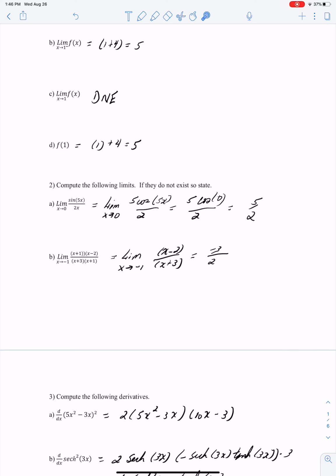I also noticed that since I gave it to you in factor form, the x plus 1's cancel. So this just becomes a limit as x tends to minus 1 of x minus 2 over x plus 3. Plugging in minus 1, I get minus 3 halves.